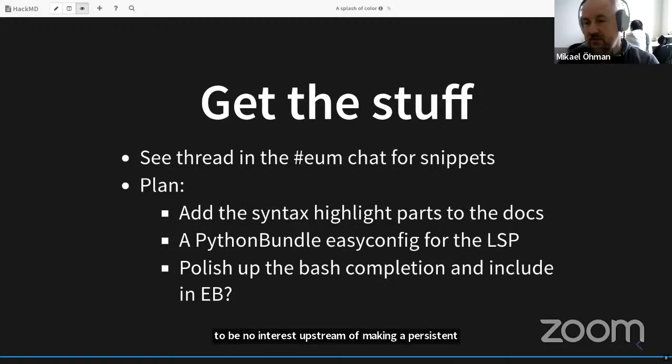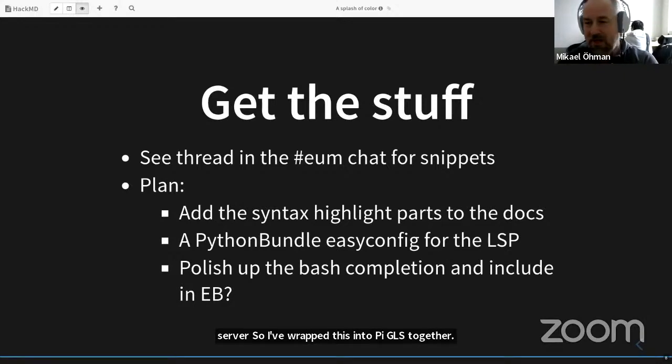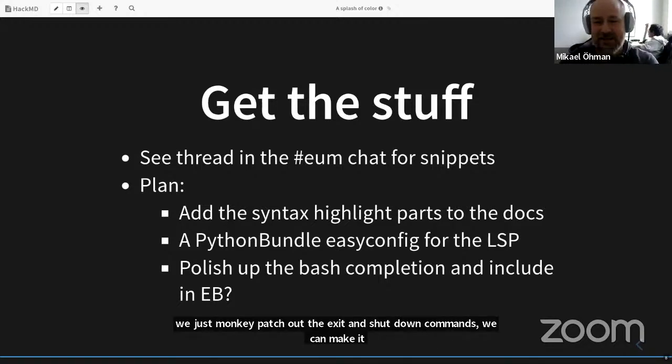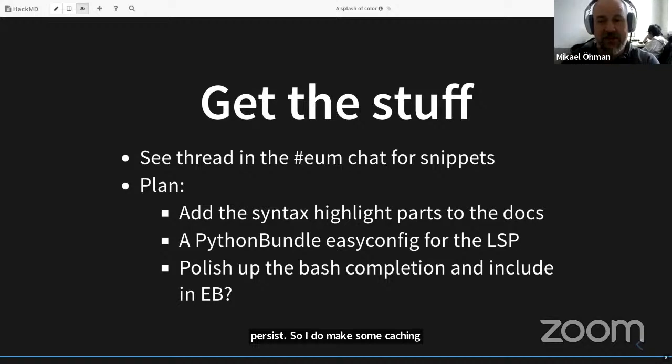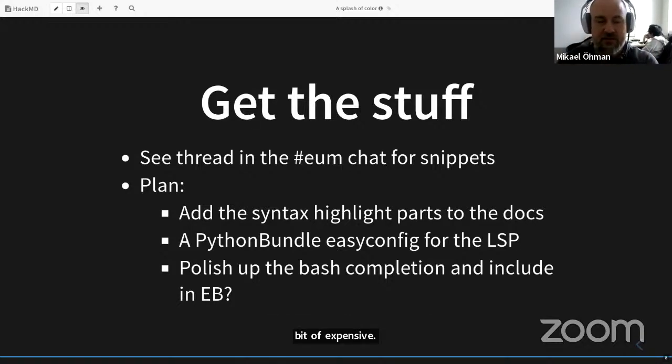So I've hacked this into PyGLS together with Genshi. We figured out if we just monkey patch out the exit and shutdown commands, we can make it persist. I do make some cache in there because it's a bit expensive to start it up every time you open Vim. I'm sure there are tricks you can pull too.